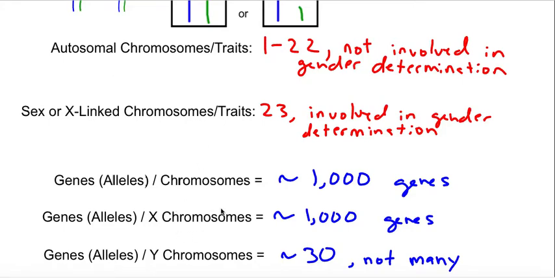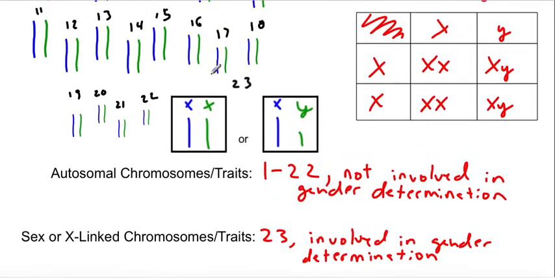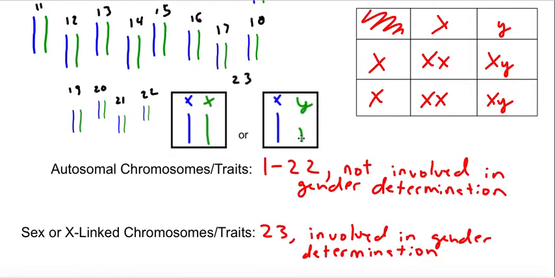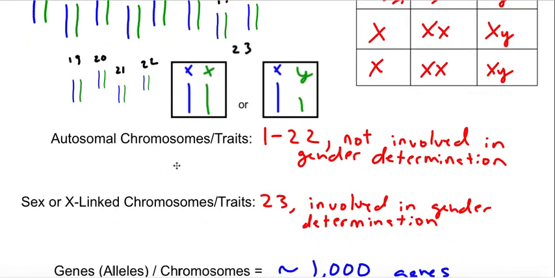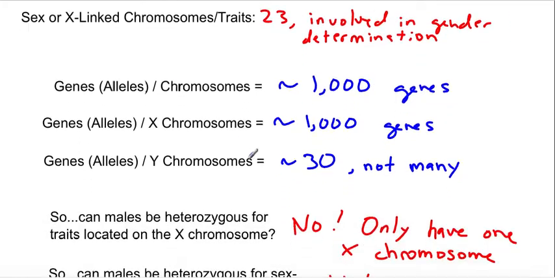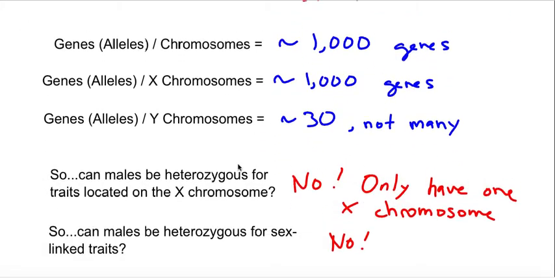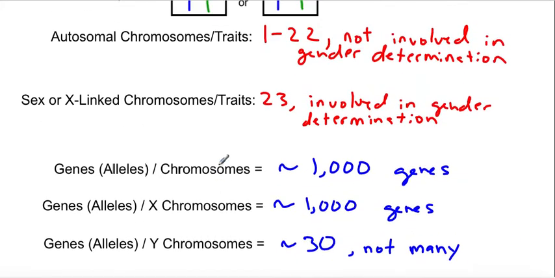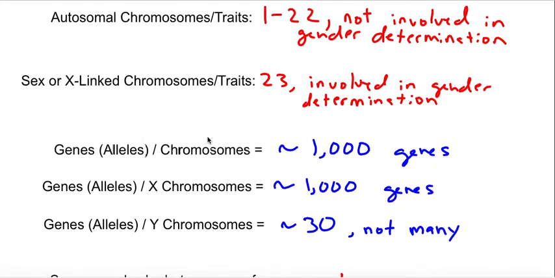And on the X chromosome, you have about 1,000 genes per chromosome. However, what I want you to notice is the Y chromosome is much, much smaller than the X chromosome. And the fact is, it's so small that there's really only about 30 different genes on that chromosome. There's not many at all.